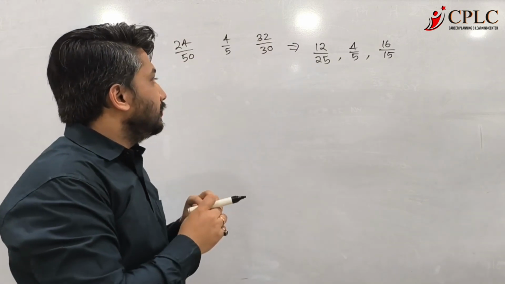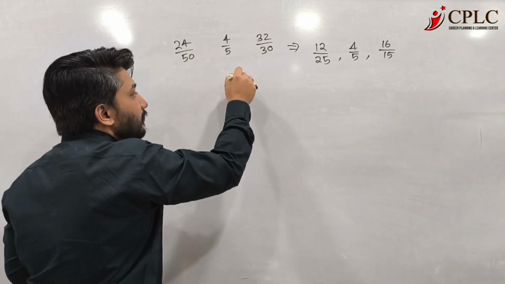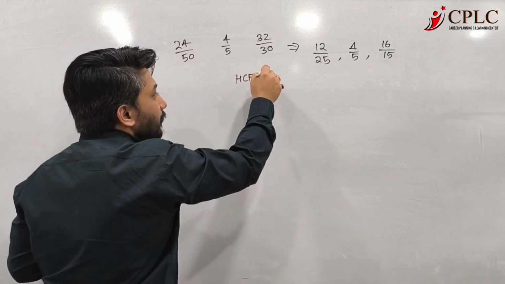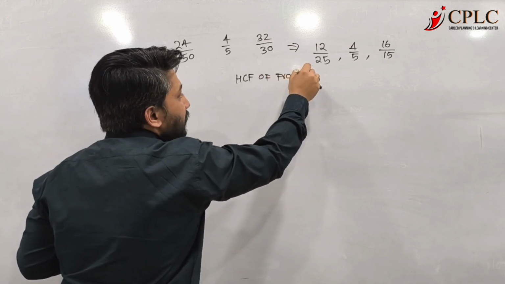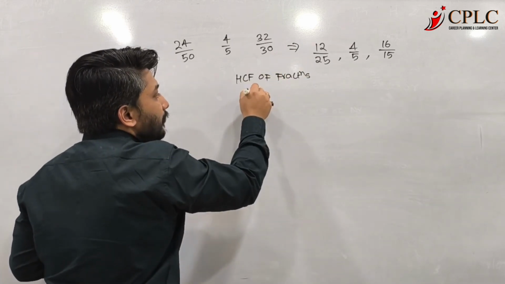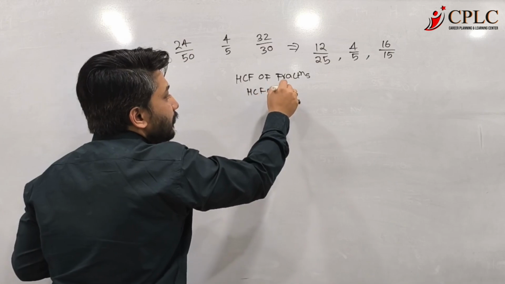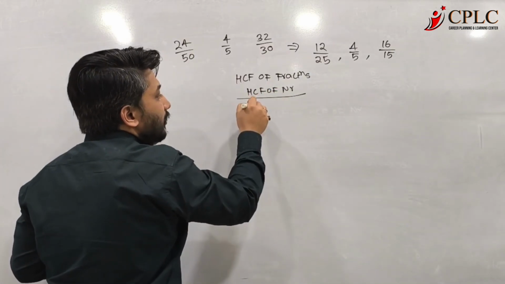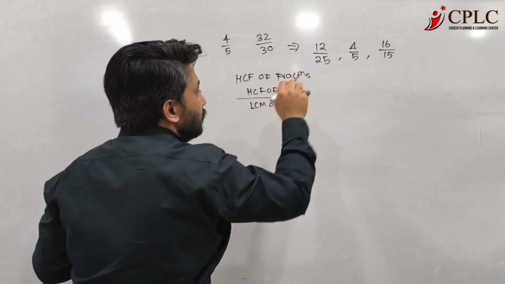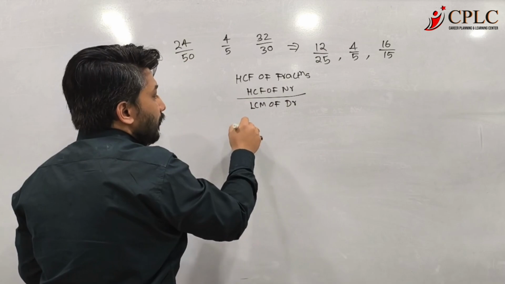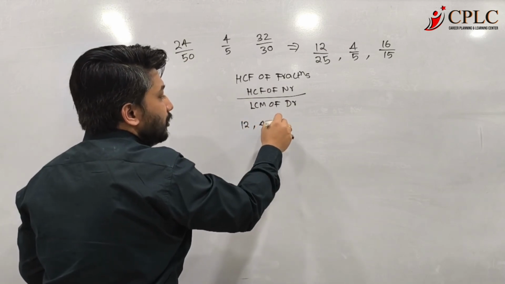So now let's start with this. Let's say we want to find out the HCF, and if you remember, for HCF, what will we have to do? We'll have to do HCF of numerator and LCM of denominator. So that is 12, 4, 16.